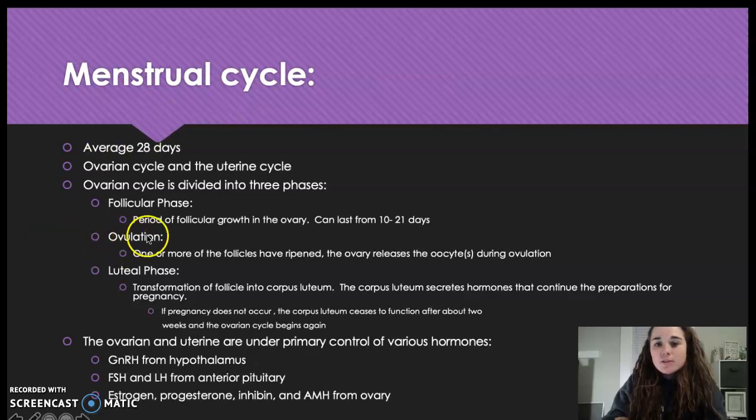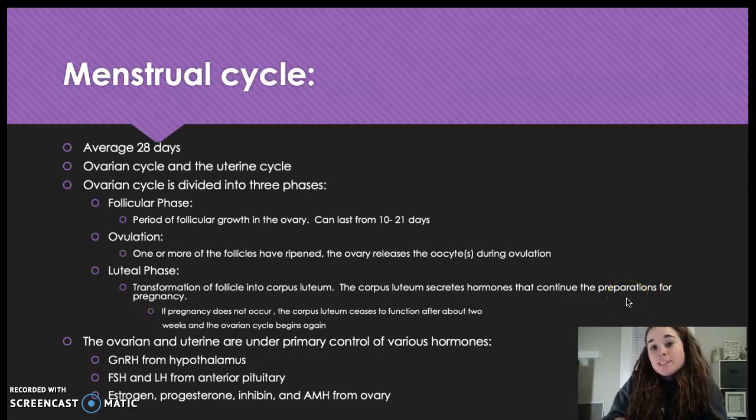The follicular phase is a period of follicle growth in the ovary and can last anywhere between 10 to 21 days. Ovulation is when one or more of the follicles have ripened and the ovaries release the oocyte. And then lastly, the luteal phase is the transformation of the follicle into the corpus luteum, and the corpus luteum secretes hormones that continue the preparation for pregnancy.